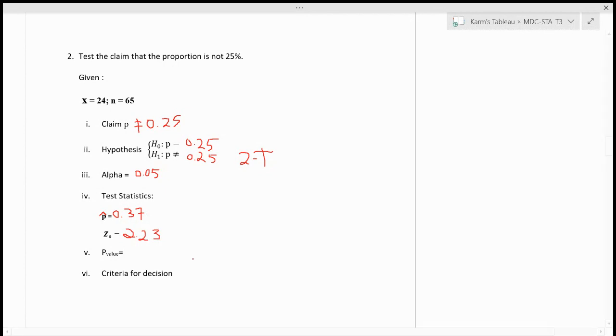So what is the p-value? How do we get the p-value?